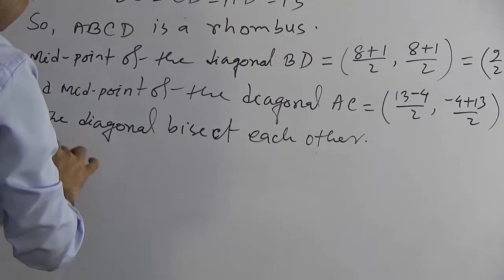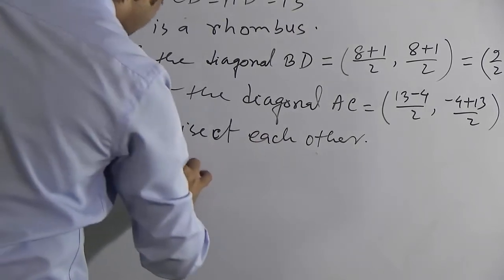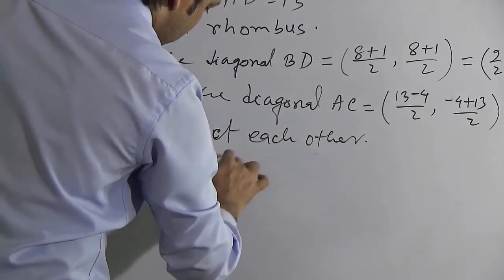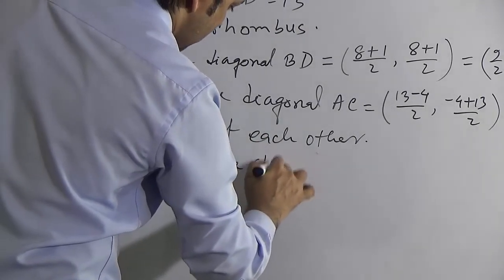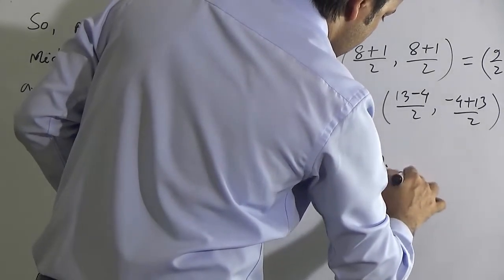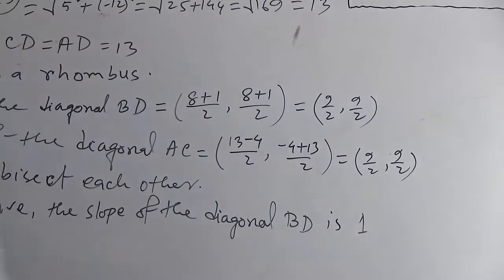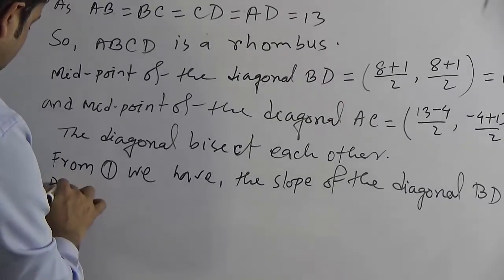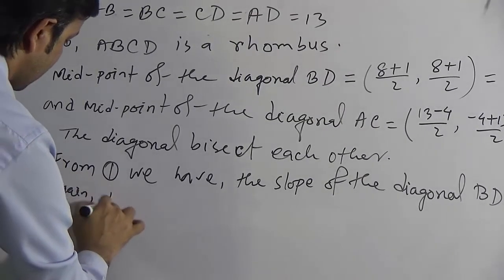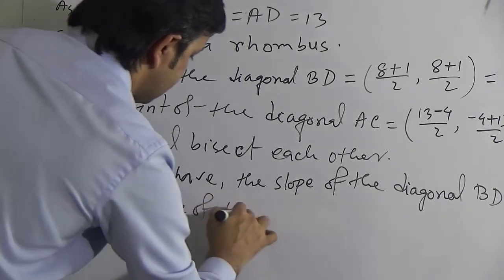In the first part we have determined the slope of the diagonal BD is 1. Again, the slope of the diagonal AC, we need to determine this.